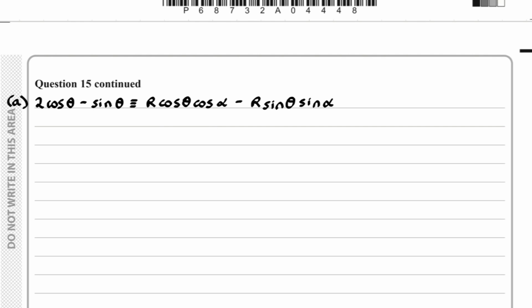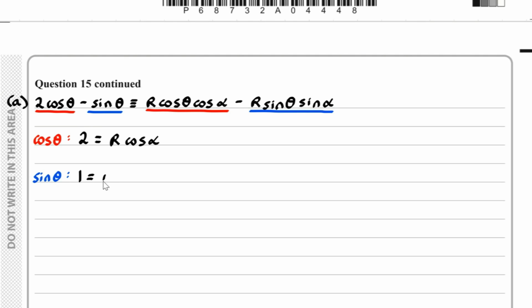And if we compare coefficients, comparing the cosine terms, you can see we've got 2 equals r cos alpha, and if we compare the sine terms, we have 1 equals r sin alpha.